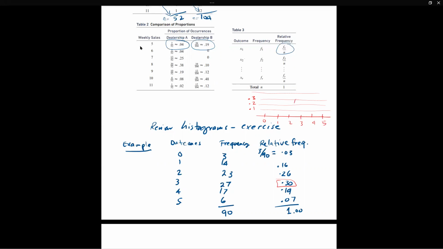And for 2 we have 0.26, let's say this, and for 1 it's 0.16, and for 0 we have 0.03, small, and for 4 we have 0.19, close to 0.2, and for 5 we have 0.07, again small.